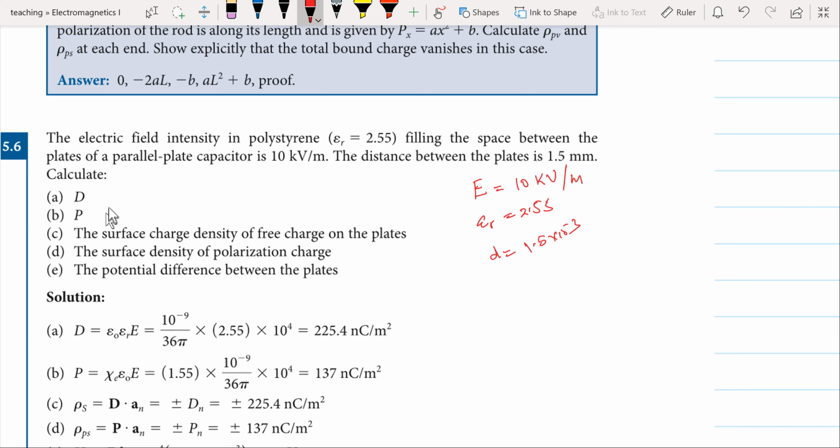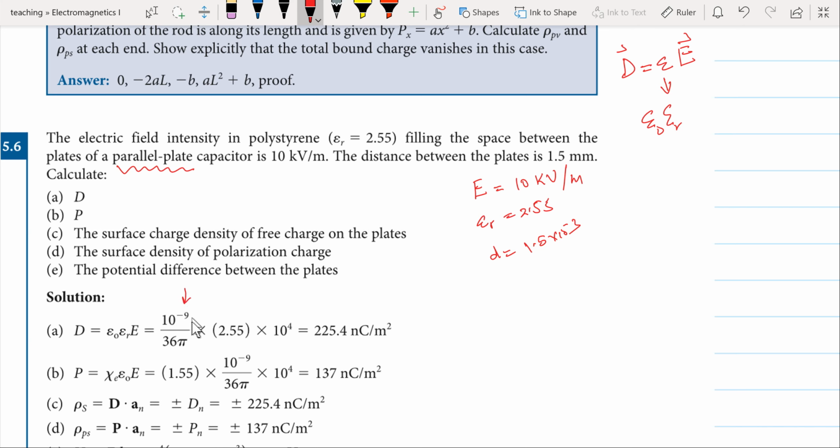So the first question that we are asked, we are talking about a parallel plate capacitor, is to find D. We know that we defined D to be given by epsilon E, and since we know E, and our medium is given by epsilon naught epsilon r, we just take the values and replace them where they should be.